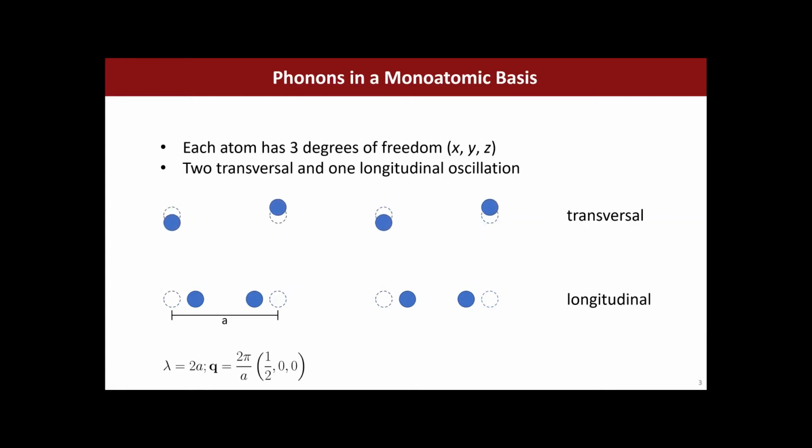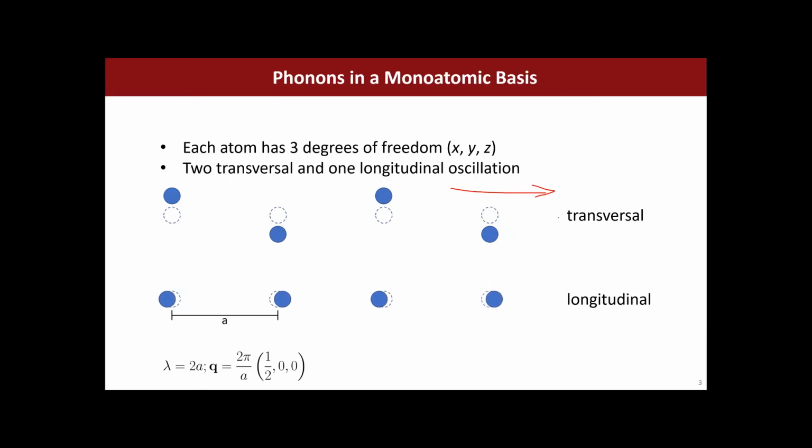If we assume that we have a wave propagating in this direction here, there are 2 ways these atoms can move. They can move perpendicular to this propagation direction, or they can move just parallel to the propagation direction of the wave.